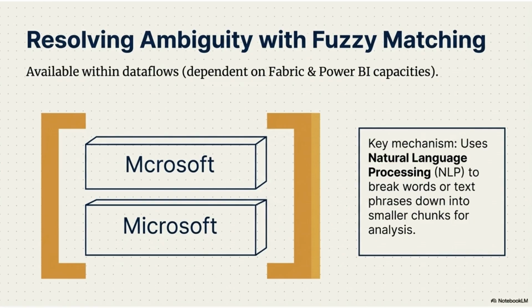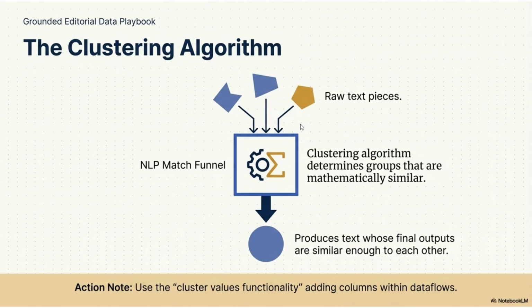As you can see in the example, Microsoft is written, and here the I is missing, but it still analyzes it, because it has broken the words down into smaller chunks and concludes that these two words are similar. So now we move into the machine learning part. Clustering automatically groups similar data points together.